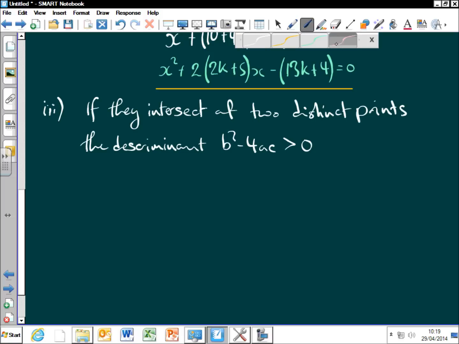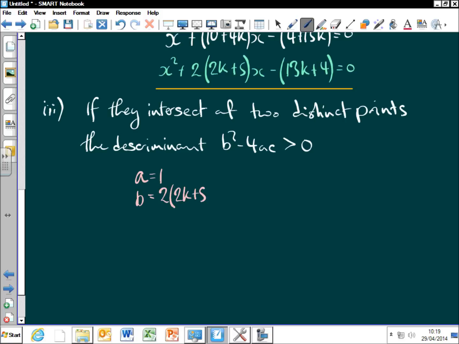So in this case A is 1, B is 2 times 2k plus 5, and C is going to be negative 13k plus 4.